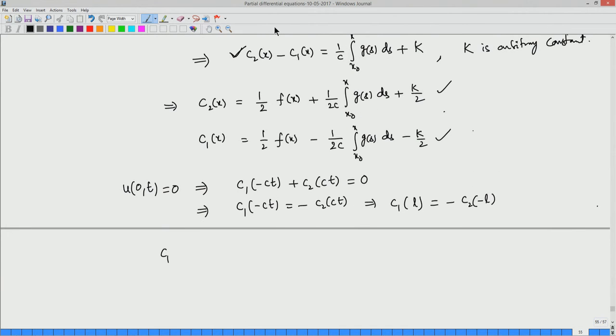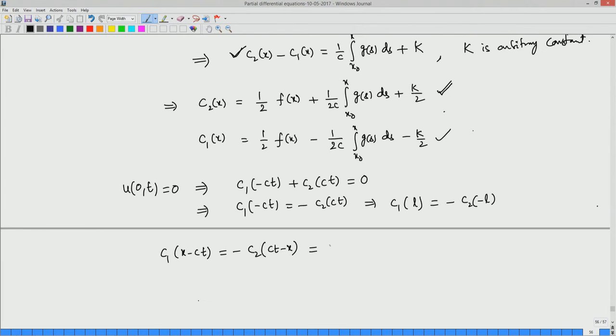So, in the place of L you put x minus Ct, which is equal to minus C2 of minus x minus Ct, that is Ct minus x, that we know from here.